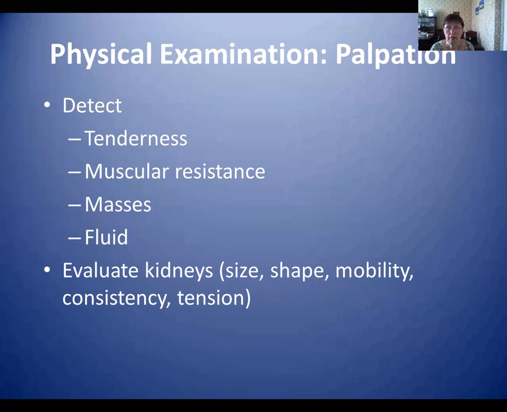Next step in physical examination will be palpation of the abdomen, and we use it to detect tenderness in some areas, muscular resistance, some additional masses, fluid in the abdominal cavity, and evaluate size, shape, mobility, consistency of the kidneys.